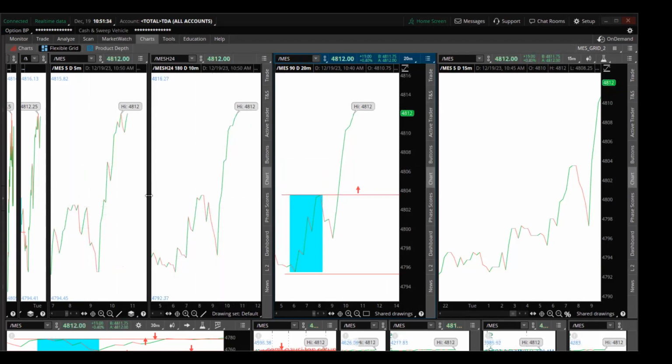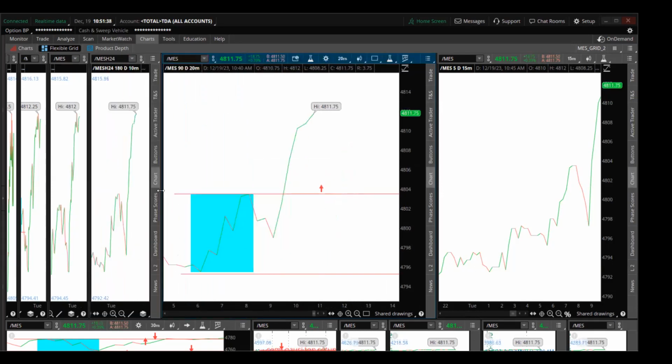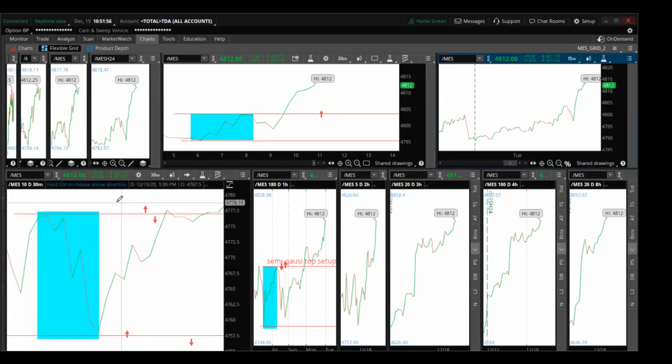So we kind of ignore them and go with the flow on the 20-minute time frame. Looking at the 15-minute time frame, we don't have anything there. So the trend will continue up until another fractal is discovered on the 15-minute time frame, or maybe down here on the 30-minute time frame. We have nothing there.